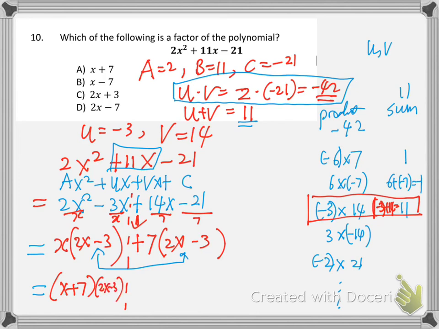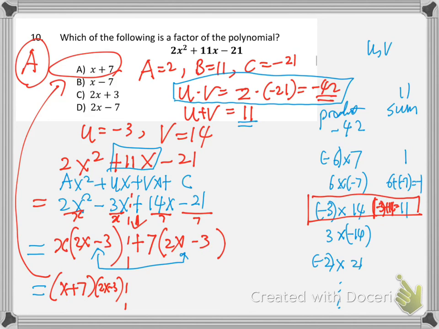So which one is in the answer? X plus 7. 2x minus 3 is not in the answer A, B, C, D. So A is the answer. Next time I will tell you quadratic formula, and we will use quadratic formula to solve the same question. AC method is very hard.